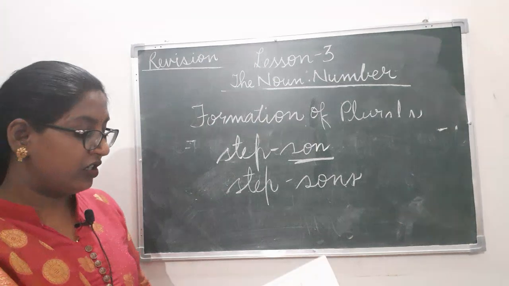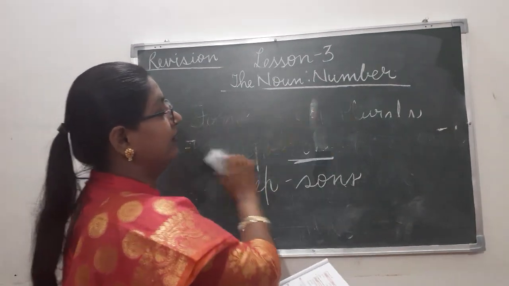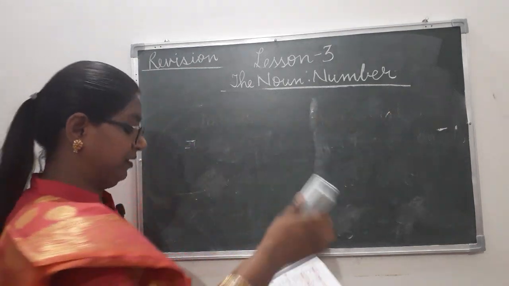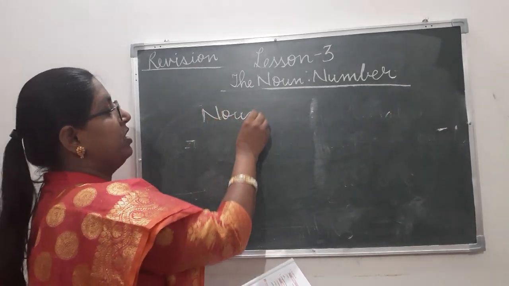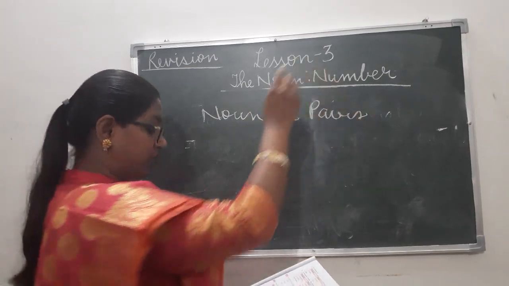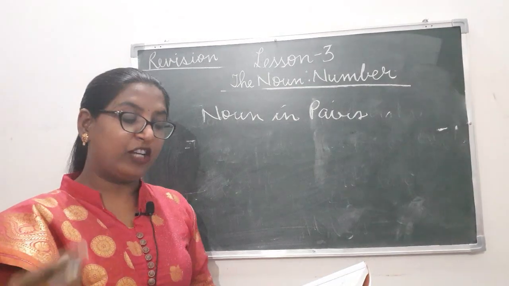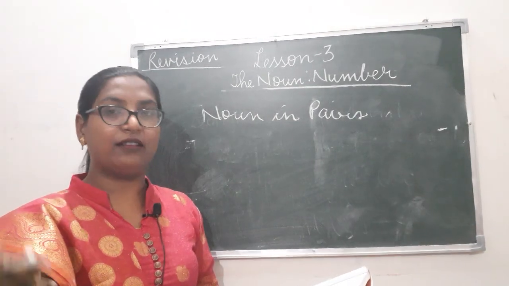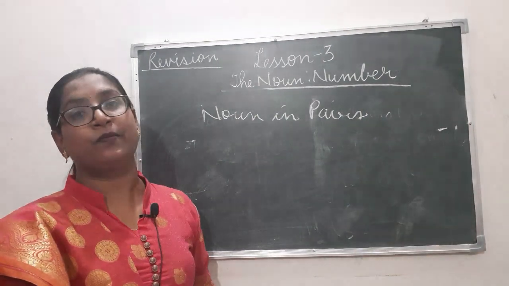And my dear children, always remember, some nouns are in pairs. We use pair nouns for something made of two parts which are the same. Look at the following words. Jeans.